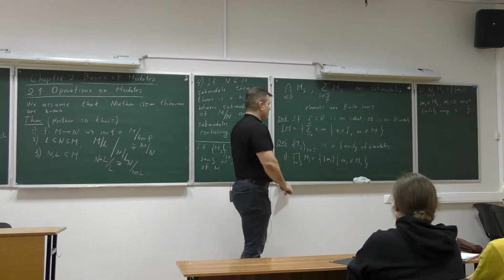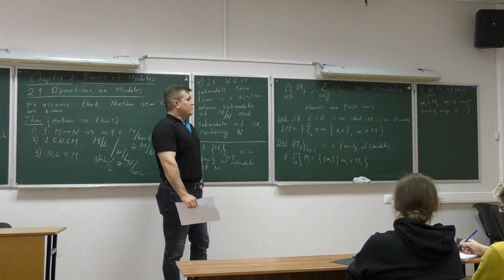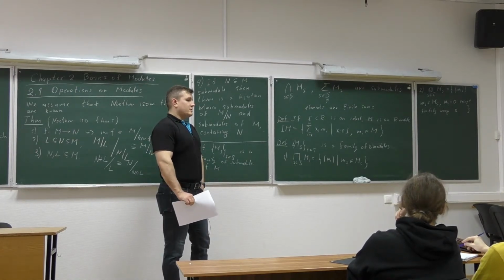So here in the product all the components would be non-zero, but in the direct sum they all equal to 0 except maybe finitely many. So this is the difference.